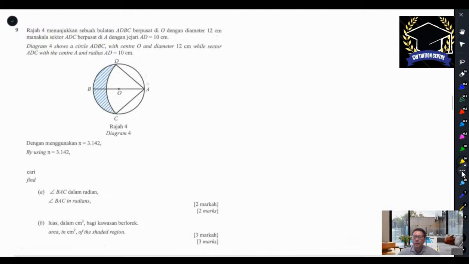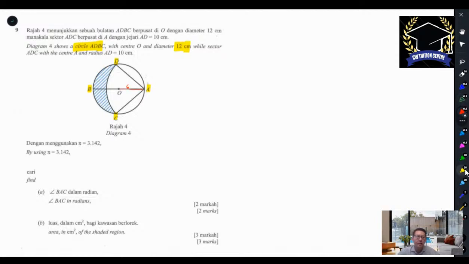This is a circle A, B, D, C, diameter 12. That means the radius is 6. They did not put it in, we put it in ourselves. Be very careful, this radius is 6.